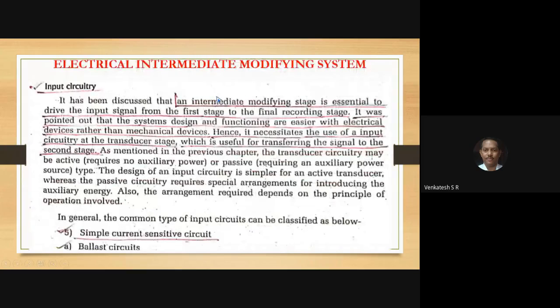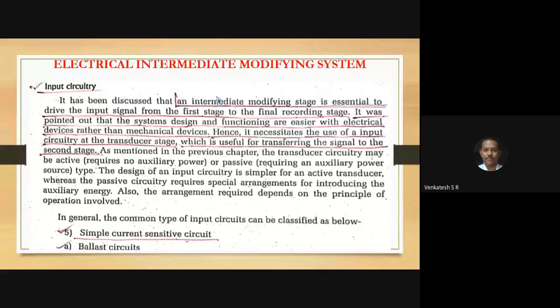Next, come to the point, measurement of strain in case of bending of the beam, axial strain in a shaft, or torsional strain. You need input circuitry. That is the loading system. Using input circuitry, you can load the specimen.